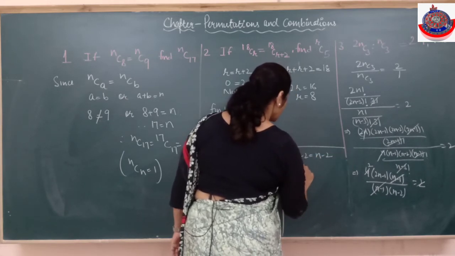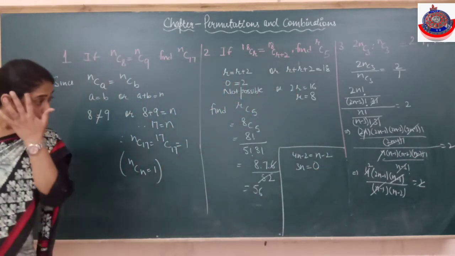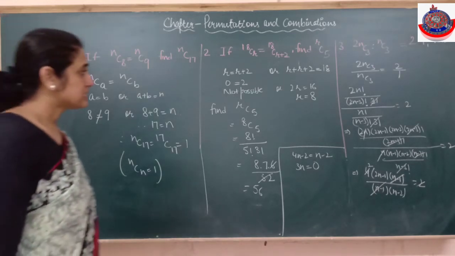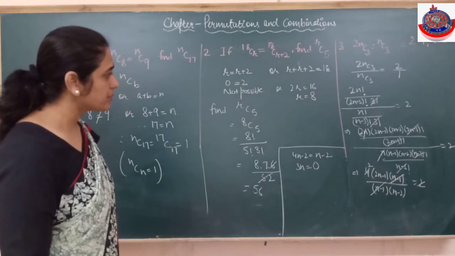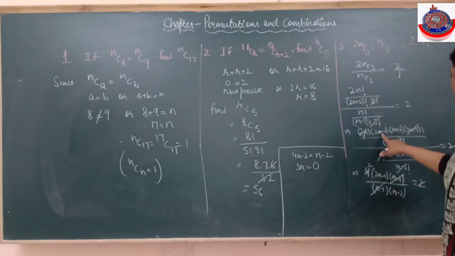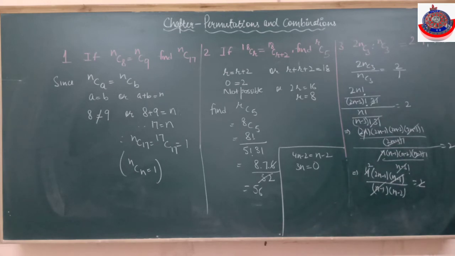So it will be 3n equals 0, that's not possible. Just see where we missed something. It was 2n minus 1, 2 left, 2 common. Okay, found the mistake. We copied the question wrong.